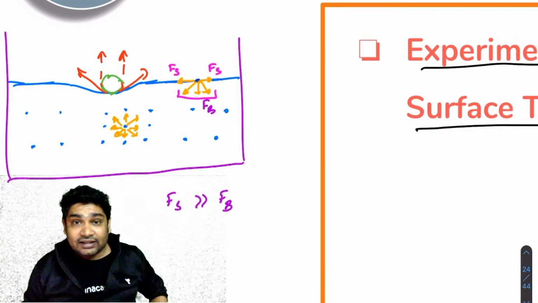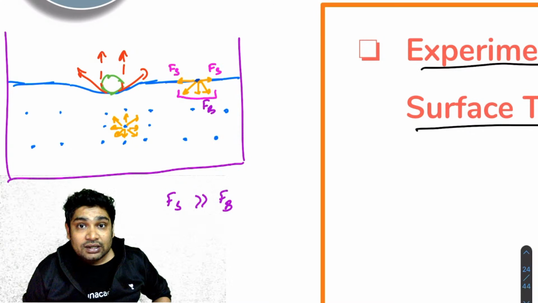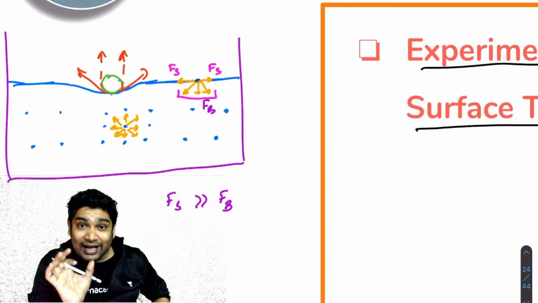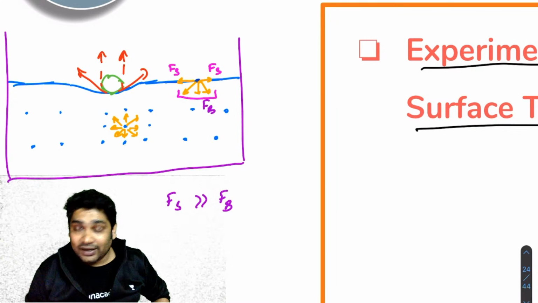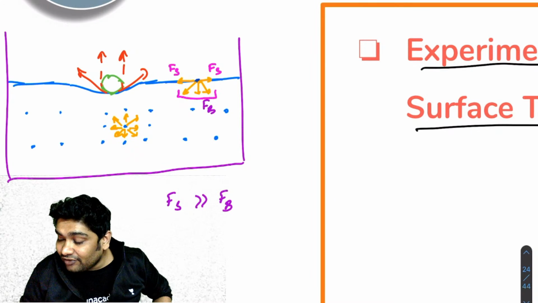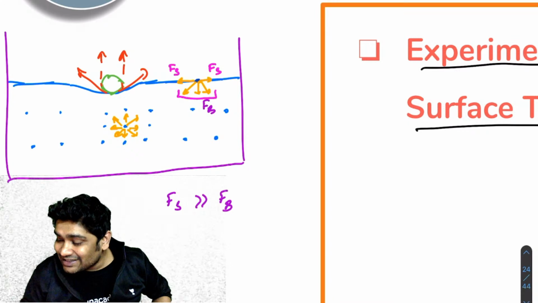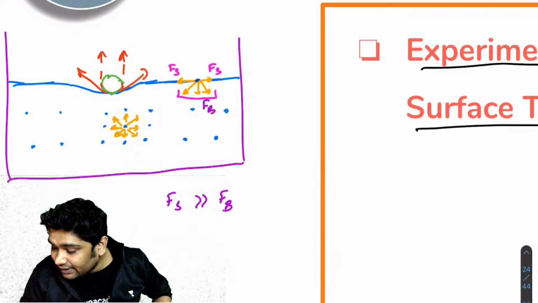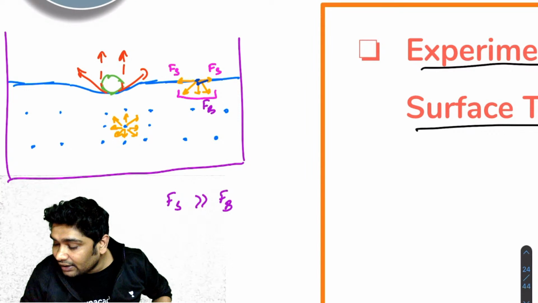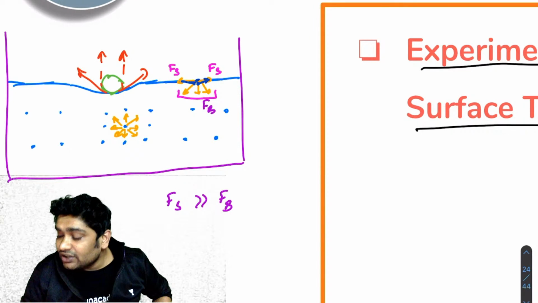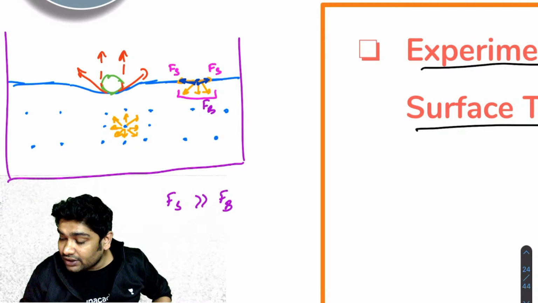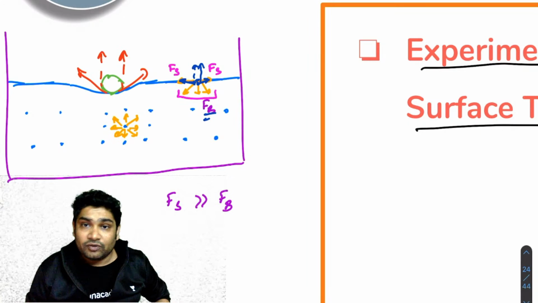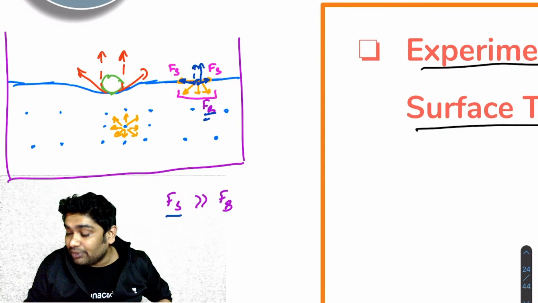That is the only way this molecule can balance the multiple forces experienced from all the molecules below and still not move down. Even if this molecule is slightly down, and even if this angle is negligible, if this force is large enough, the vertical components of this force can balance out these bulk molecular forces.